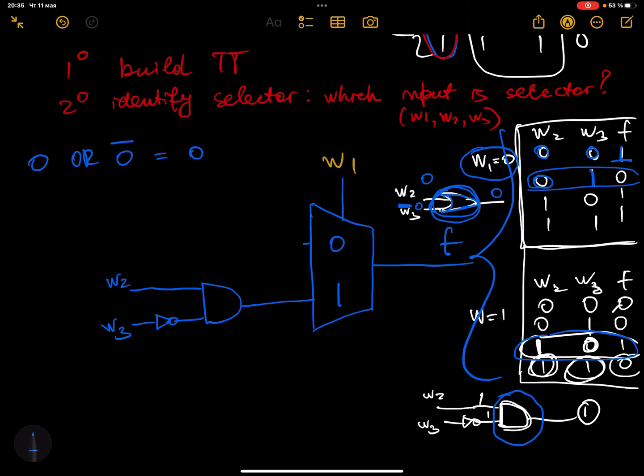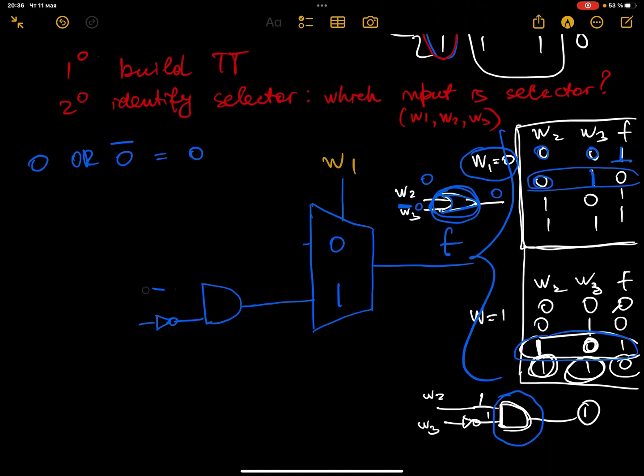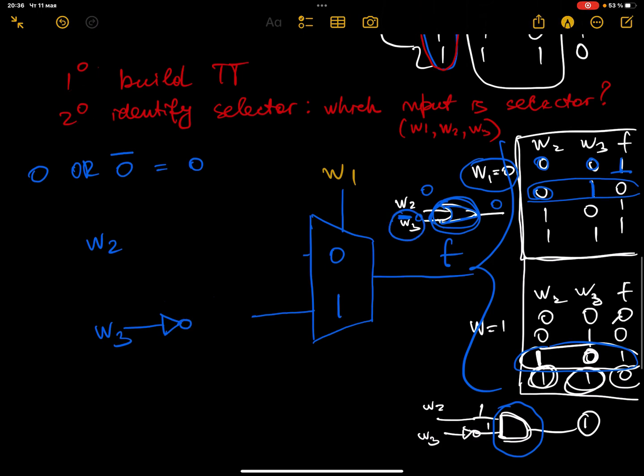So this is correct. Let me redraw the circuit here. We have W2 and W3. W3 is negated, because in both cases W3 is negated.